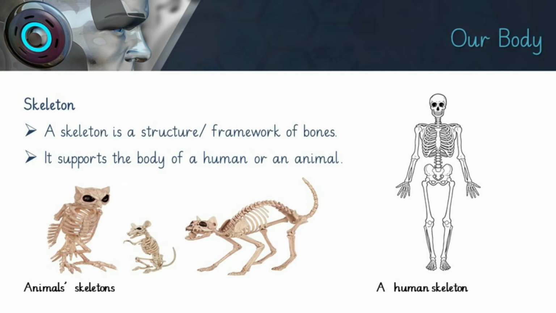These bones are different in shape and in size. Next to it are the skeletons of various animals. Animal skeletons are also made up of different kinds of bones, which are different in shape as well as in size. A skeleton forms the framework of the body of a human or an animal.